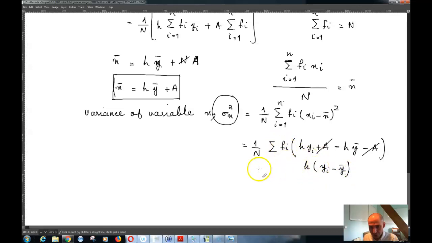So you can write this as 1 over n sigma of f of I times h times y of I minus y bar. And then you can take this h out, so you can write this as h divided by n sigma of f of I times y of I minus y bar.